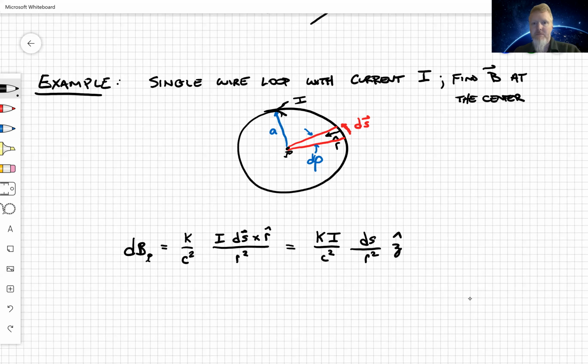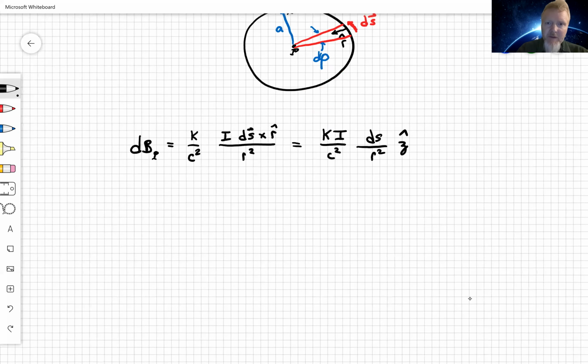So ds is just going to go around the circle. I could parameterize that and call it an angular integral if you like, and do a 2 pi all the way around the circle, but ds is just going to be the circumference, right? Now we're going to integrate both sides, and I'm going to get the magnetic field at point P is going to be equal to k i.